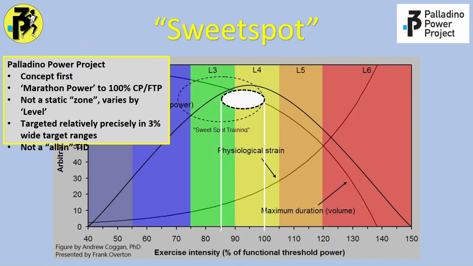So about a 3% wide prescription range, and we scatter our stimuli across this domain. Shorter and a little bit higher percent, that 3%. Down here, still 3% wide, but we're going a little bit longer and maybe a little bit higher volume, but we're still targeting a precise prescription. So that's my perspective on the sweet spot.